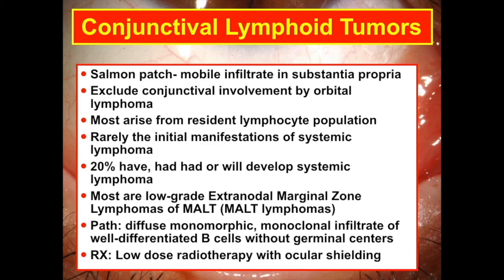The great majority of conjunctival lymphoid tumors are low-grade extranodal marginal zone lymphomas of mucosa-associated lymphoid tissue, or so-called MALT lymphomas. Pathology typically shows a diffuse monomorphic monoclonal infiltrate of well-differentiated B cells.